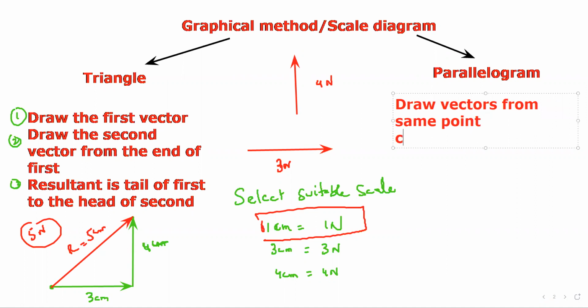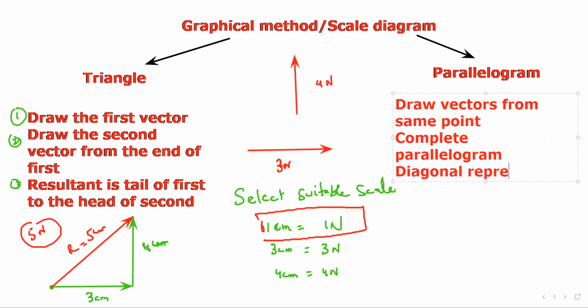And we will complete a parallelogram. And then the diagonal will represent the resultant. What does it mean?